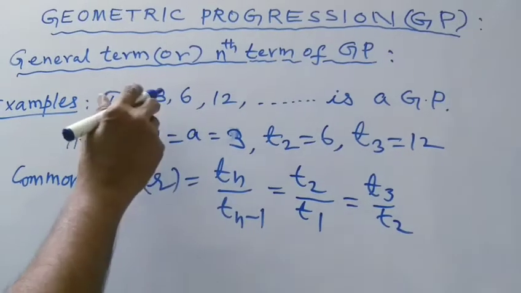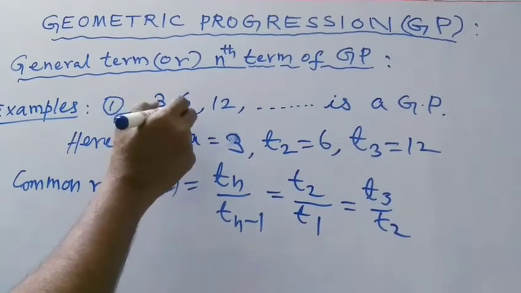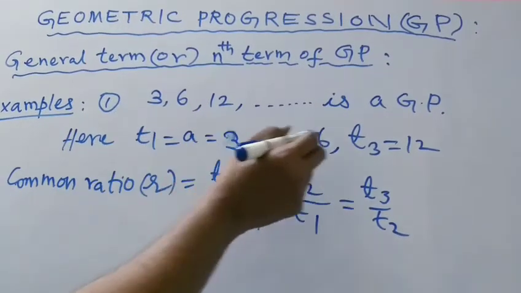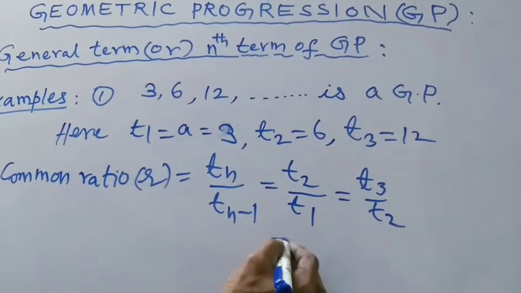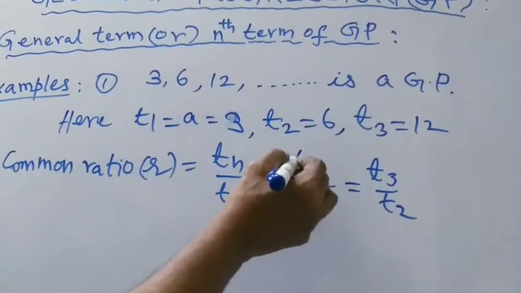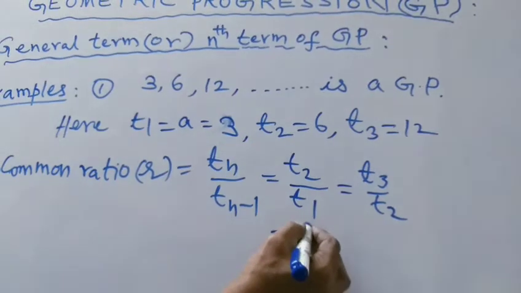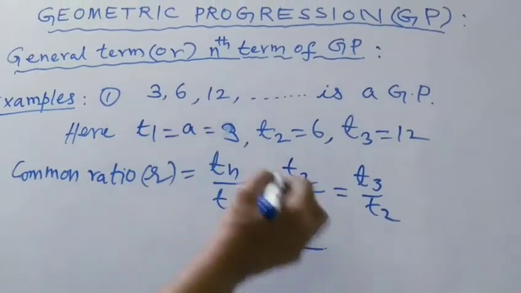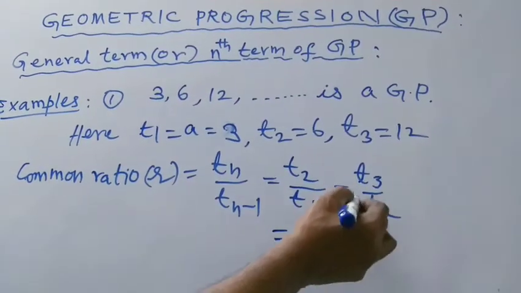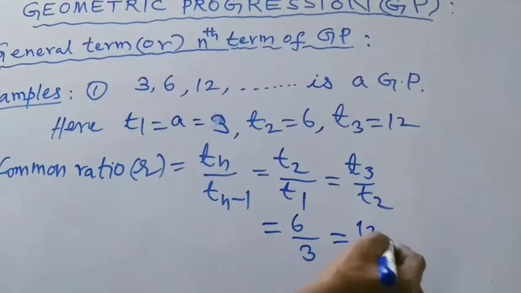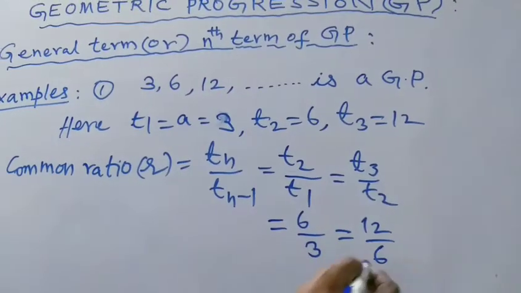Why? Because here we are taking only 3 terms: 3, 6, 12, the first term, second term and third term. Substituting the values, T2 is equal to 6, T1 is equal to 3, T3 is equal to 12, T2 is equal to 6.